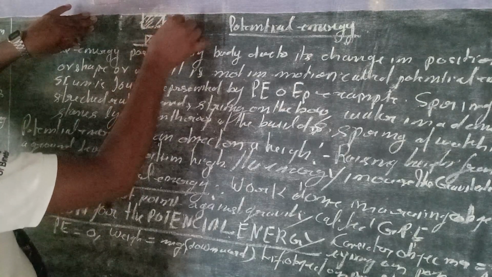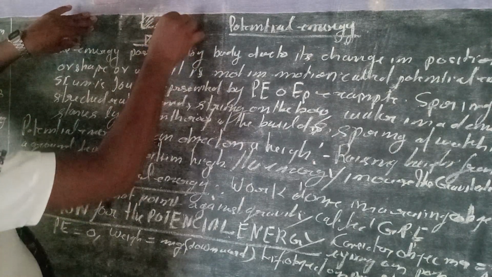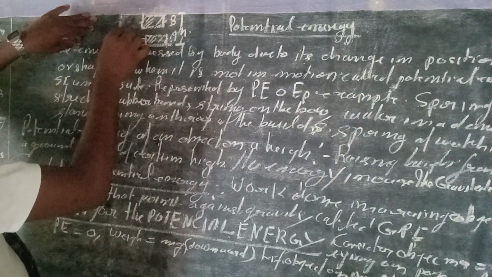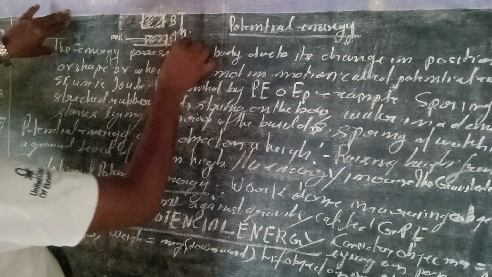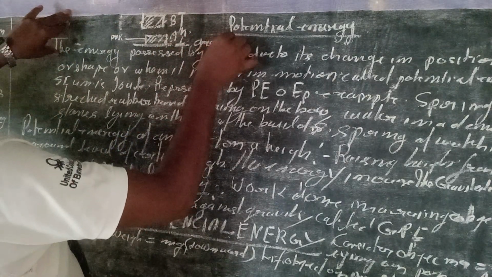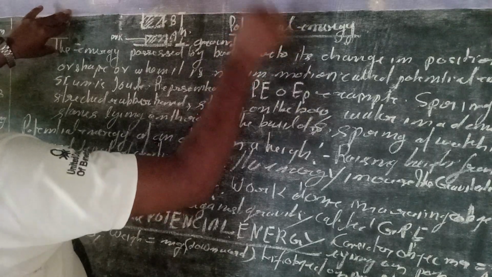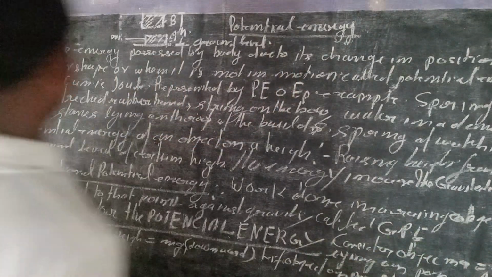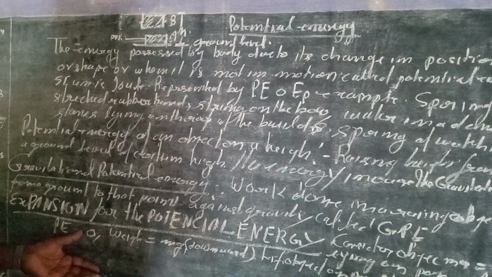This is A, this is B, and this is the ground level. The height between both positions is h, and the mass is m.